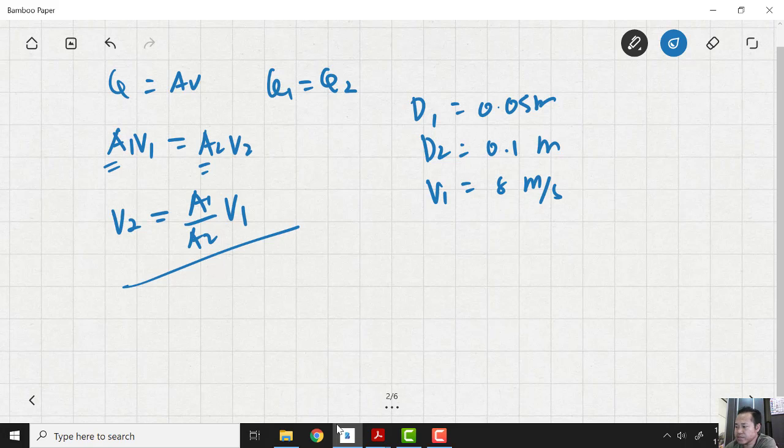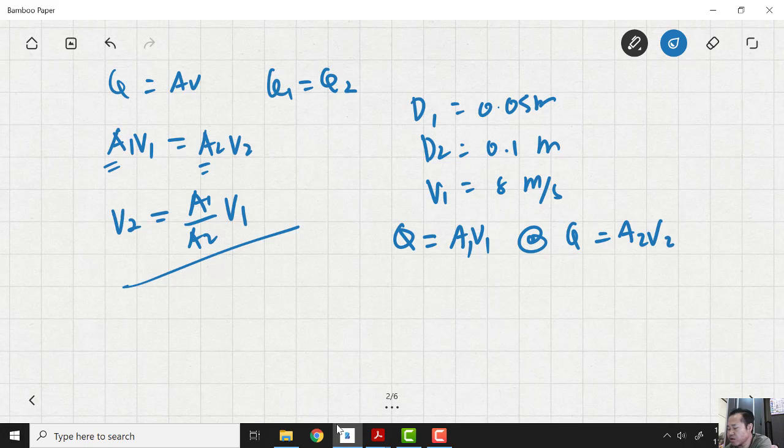How do we find the second item, which is Q? Very easy, just Q equals AV. You can find either A1 V1 or A2 V2.